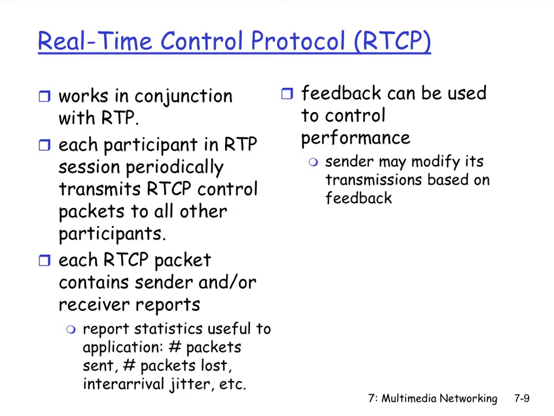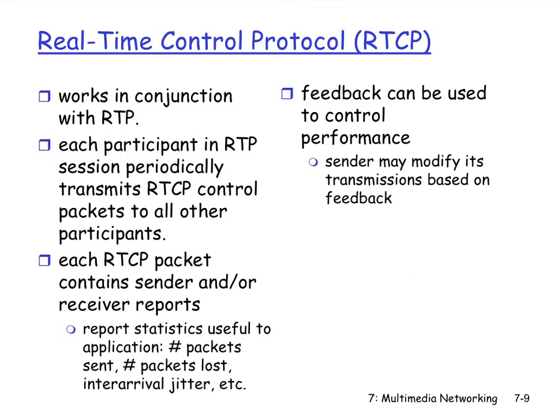So each RTCP packet contains sender and/or receiver reports. The reports from the receivers notify the sender that they have received a specific number of packets successfully, which means that there are some packets lost. So using the packet sequencing, we can identify which packets have been lost. Okay?